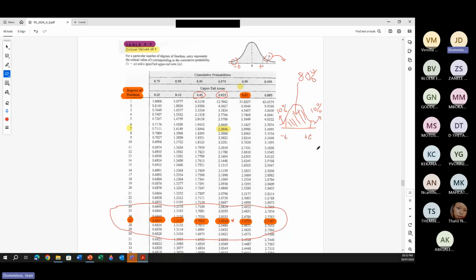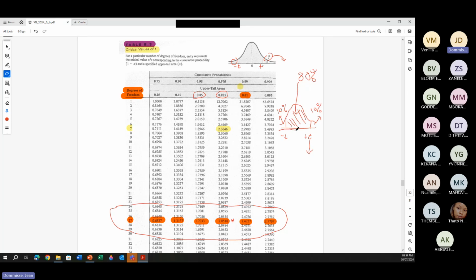So if I'm looking for this t value, I'm not going to look at the 80% to find the t.